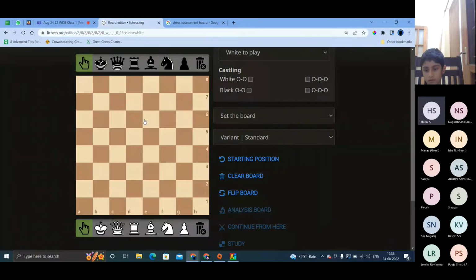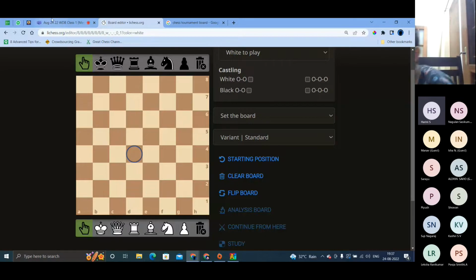So this one, can you try this? E6 light square. Okay, E6 light square. And this one is B4 dark square. Very good. So be on mute.